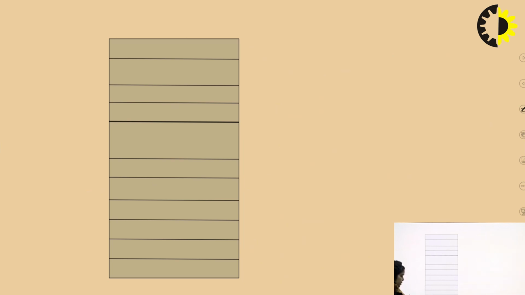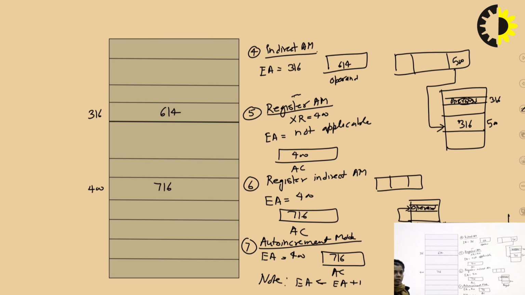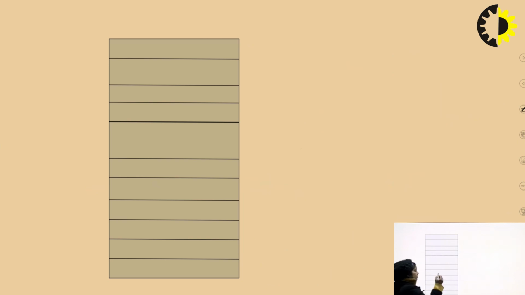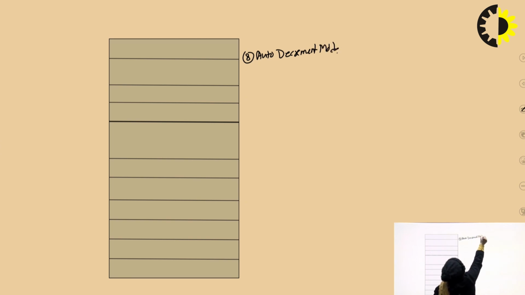Now, the next is auto decrement mode. Auto decrement mode is simple.